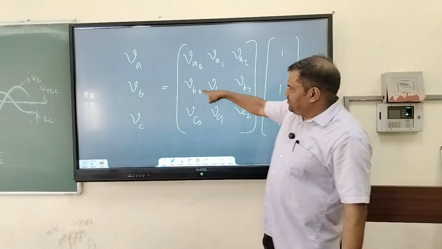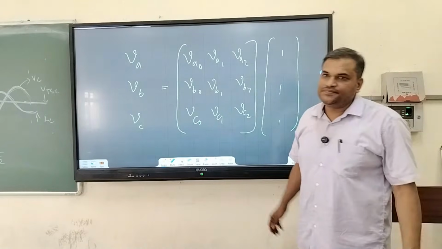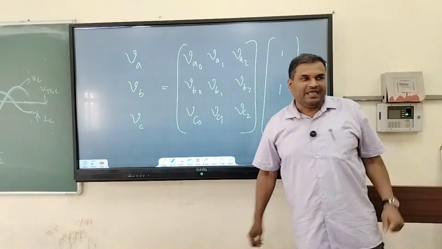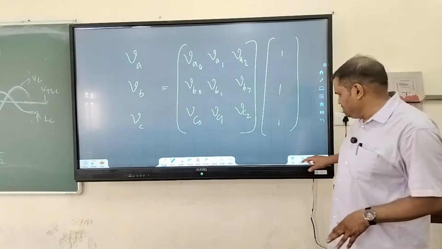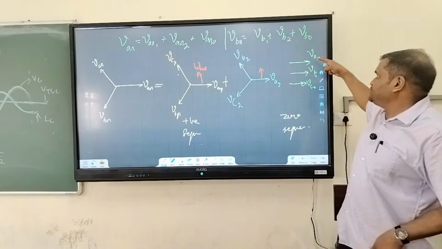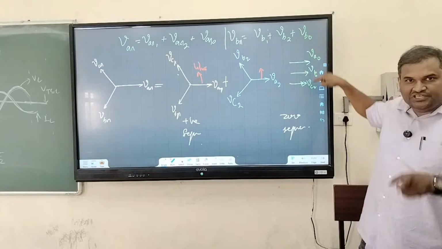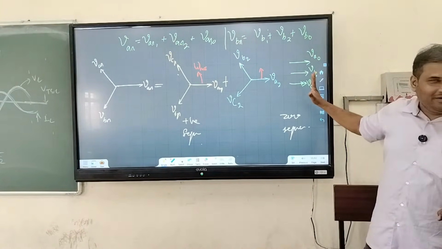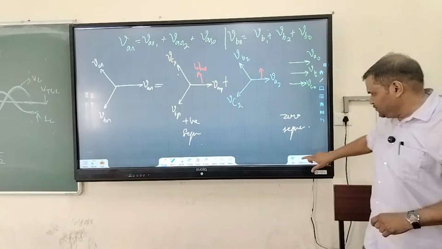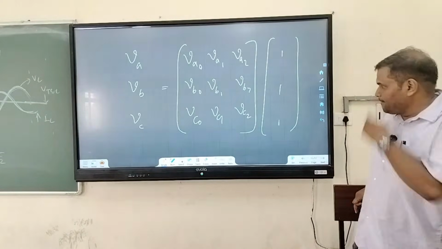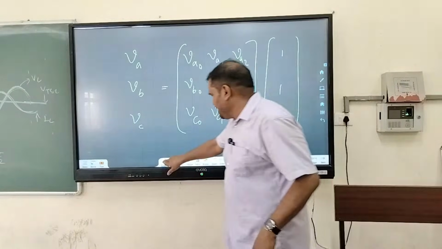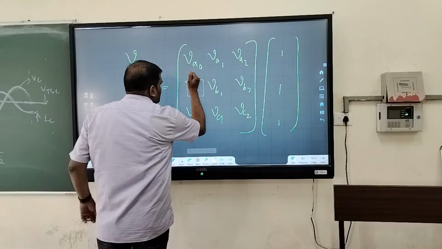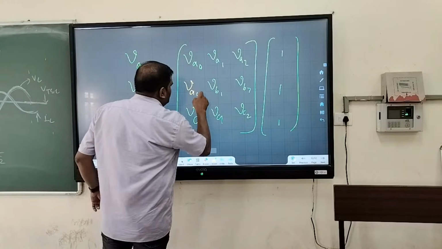Now, can I write VB0 as VA0? Look at that picture and tell me. Can I write VB0 is VA0? VC0 is also VA0. Can I write? क्योंकि ये तीनों तो बैलेंस है, ये तीनों कोफेजर है, so can I write here instead of VB0, VB0 is same as VA0?